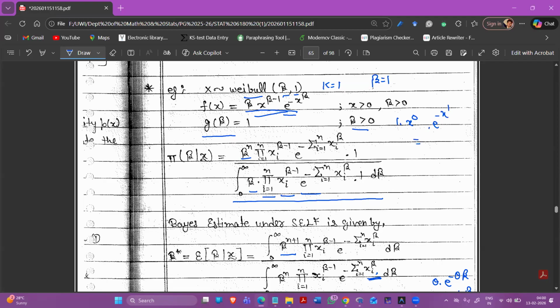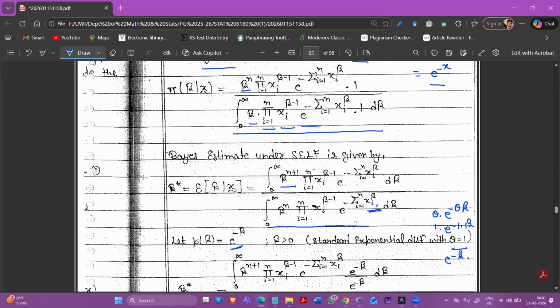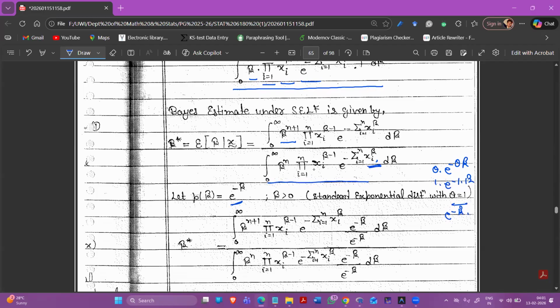So it is equal to e raised to the power minus x. So it becomes the standard exponential density or not, right? So I can consider that beta also follows the standard exponential distribution here, right?